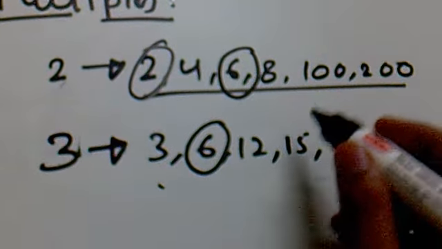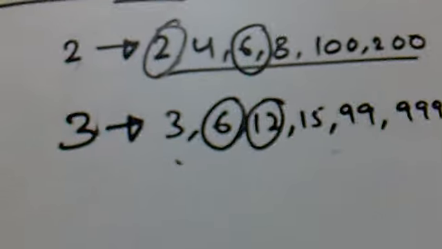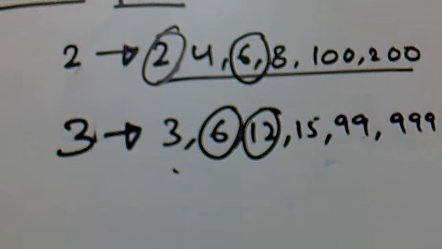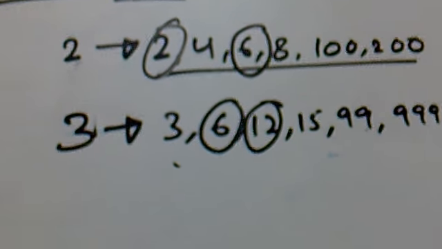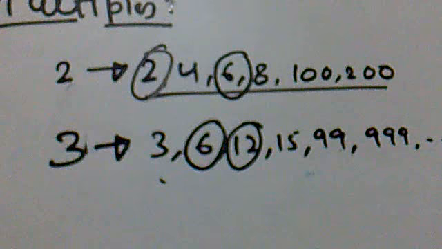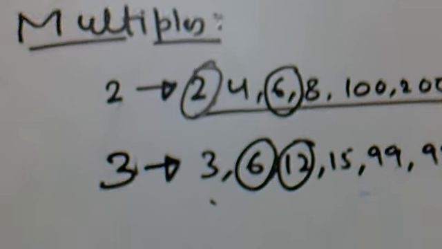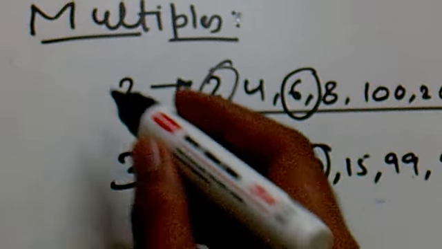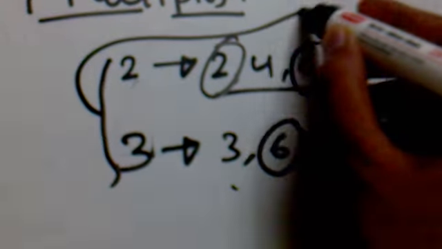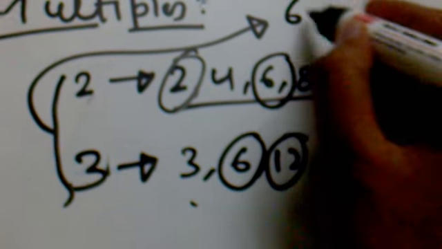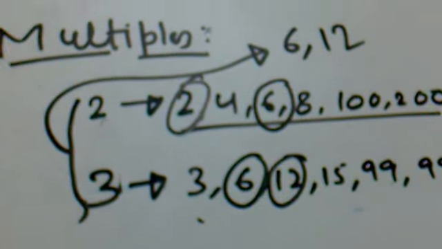Similarly, 12 is also a multiple of 2, 2 into 6 is 12, and 12 is a multiple of 3 also. So 12 is also a common multiple of 2 and 3. So there are many numbers that are common multiples of 2 and 3. At least we have got 6 and 12.